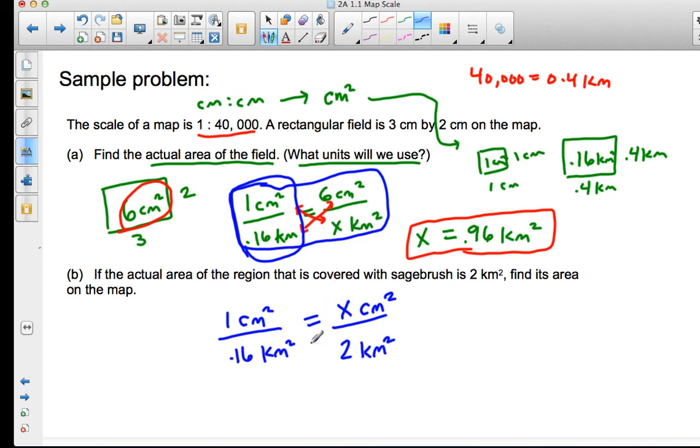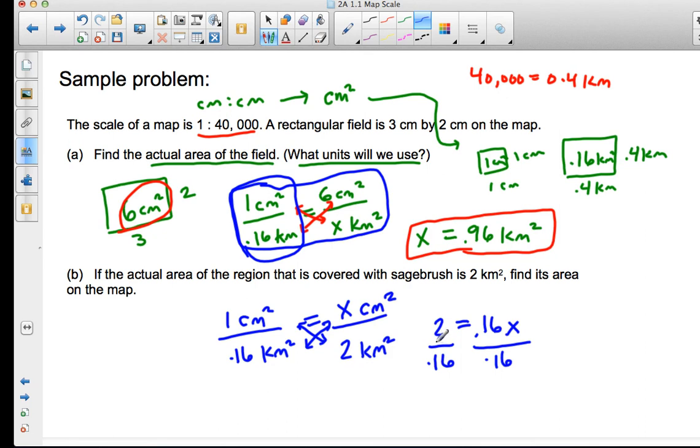So then I cross multiply, and I'm ignoring the units here. 1 times 2 is 2, so 2 equals 0.16x. Now I'm going to divide to get x by itself. Divide by 0.16. I'm dividing by a really small number, so I'm asking how many times does 0.16 fit into 2? It fits in a lot of times.